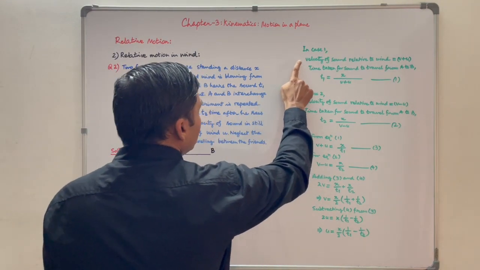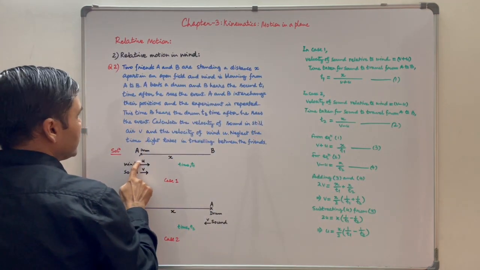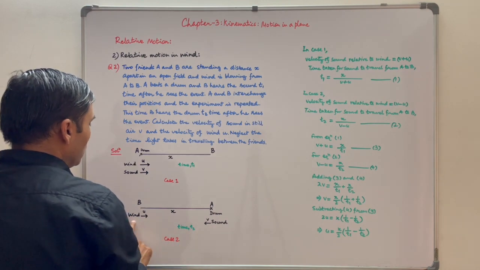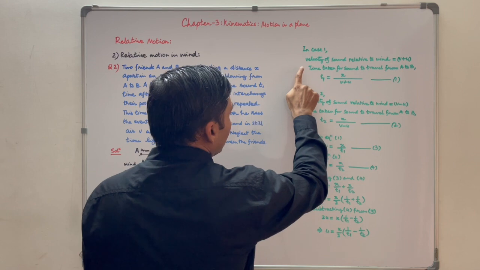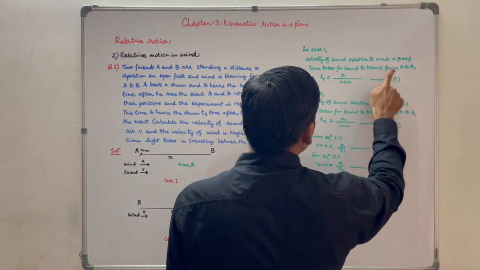In case 1, the velocity of sound relative to the ground will be V plus U. In the second case, it will be V minus U. So in case 1, the time taken for sound to travel from A to B will be T1.